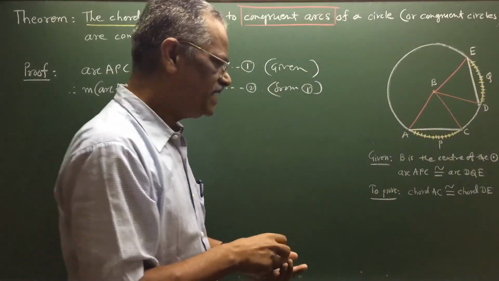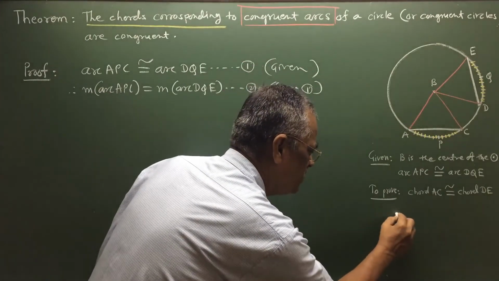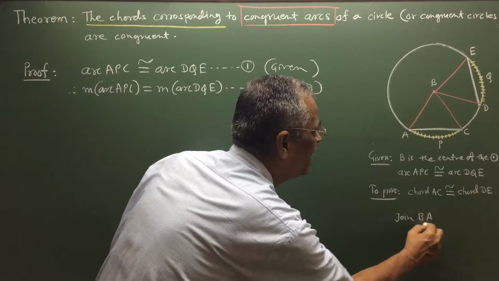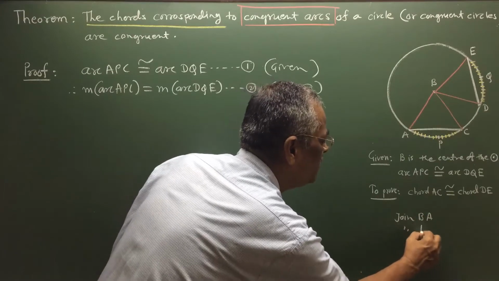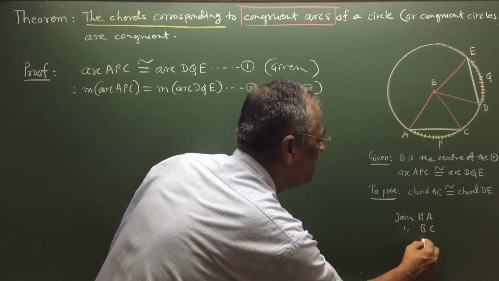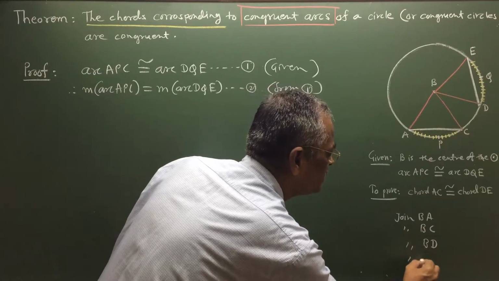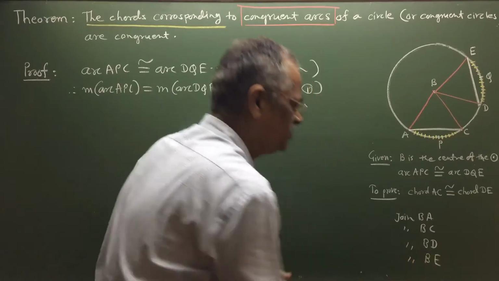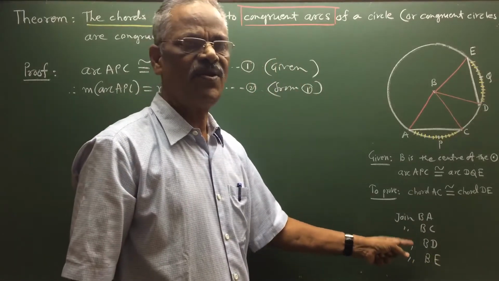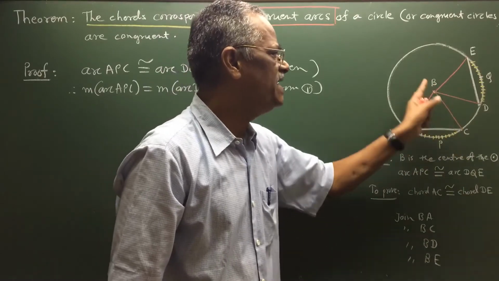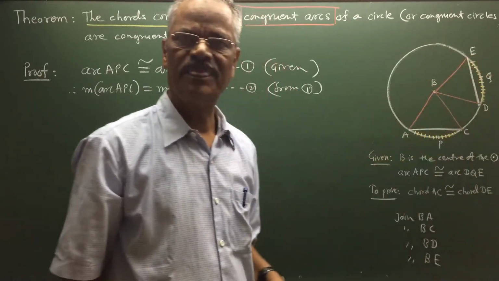So you can write here: join BA, BC, BD and BE. Draw four radii, BA, BC, BD and BE.